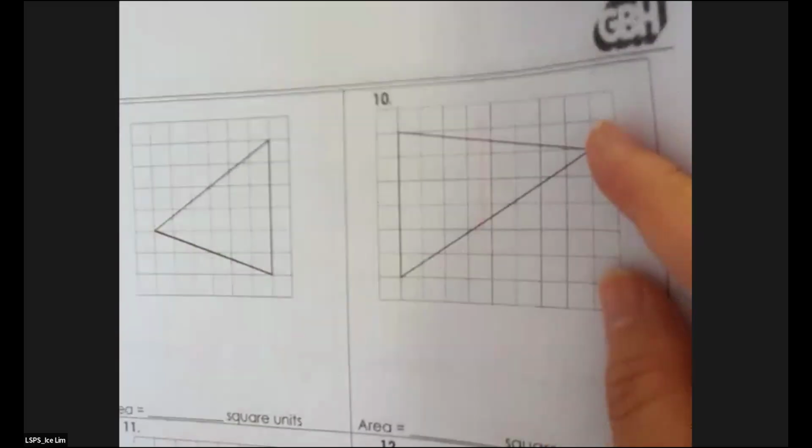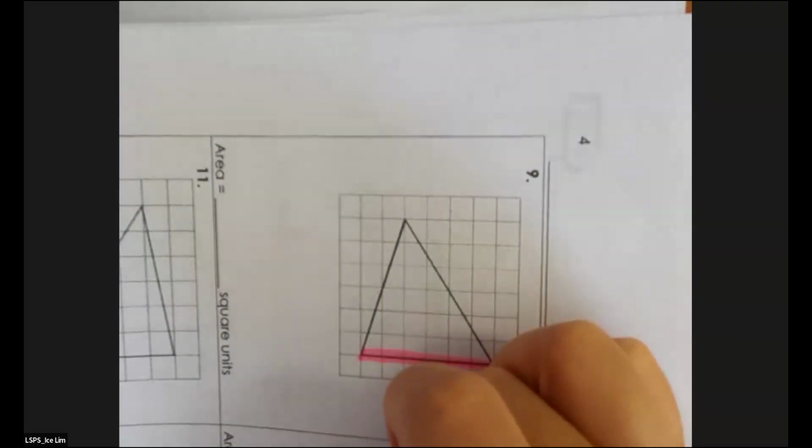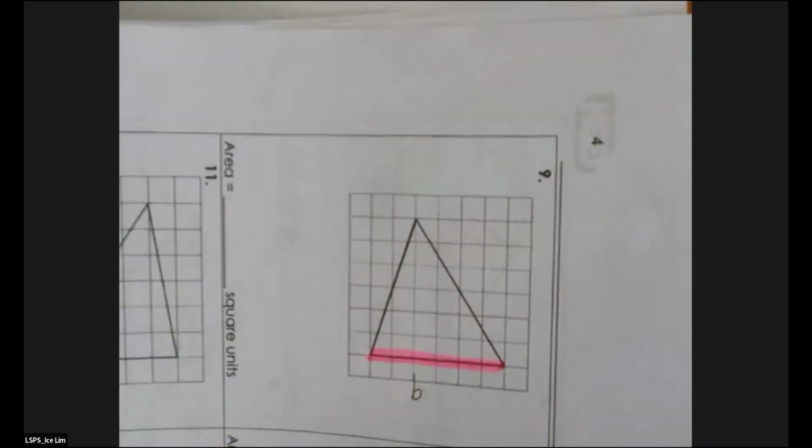This is page 4. Okay, so like question 9, I'll try to get the triangle to sit upright here. So this is the base. Then I find the right angle.